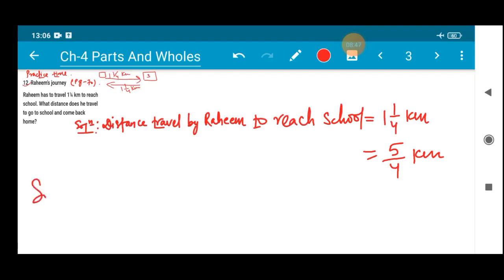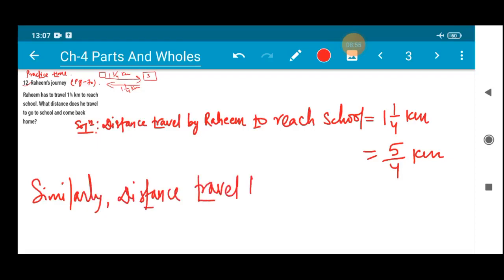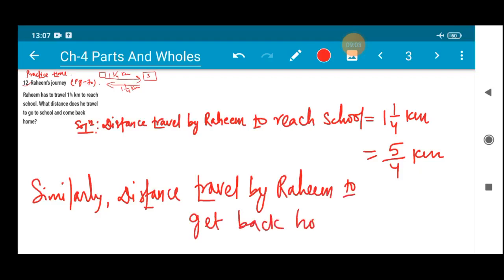So similarly, distance traveled by Rahim to get back home is equal to 5 by 4 kilometer.